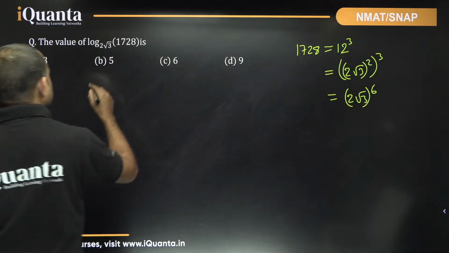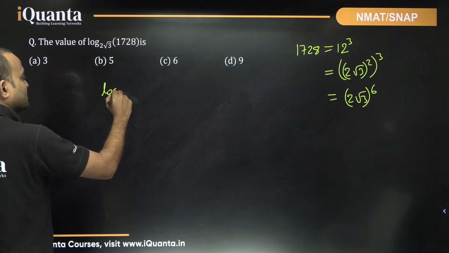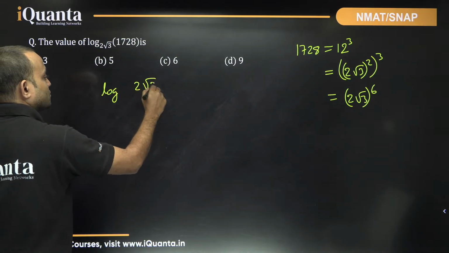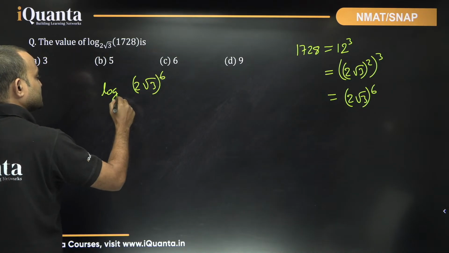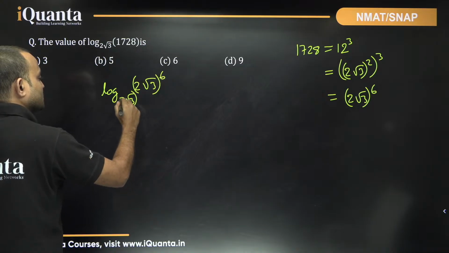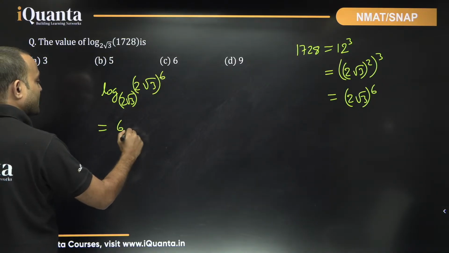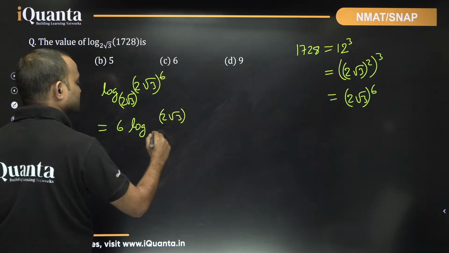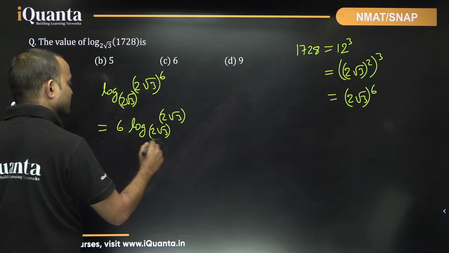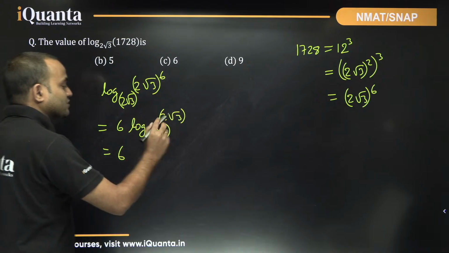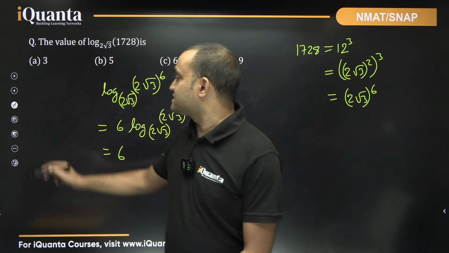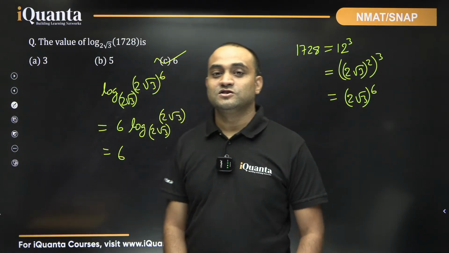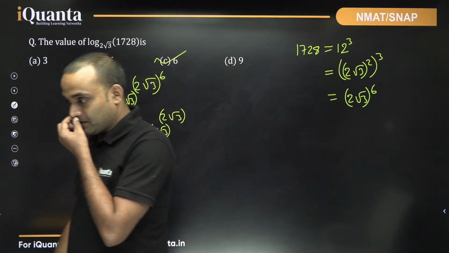So this question can be written as log 2 root 3 to the power 6 to the base 2 root 3. So straight away we can write it as 6 into log 2 root 3 to the base 2 root 3, and log a to the base a is equal to 1. So our answer is option C, which is 6, right?